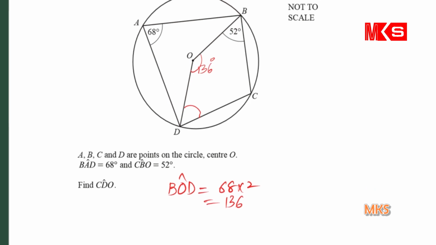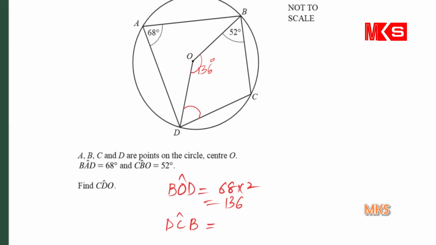And angle DCB would be 180 minus 68, because that is the angle in the opposite segment. Angle BAD and angle BCD are made by BD in opposite segments, or you can say ABCD is a cyclic quadrilateral.